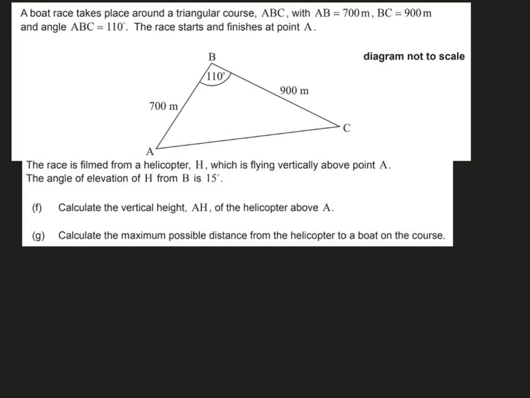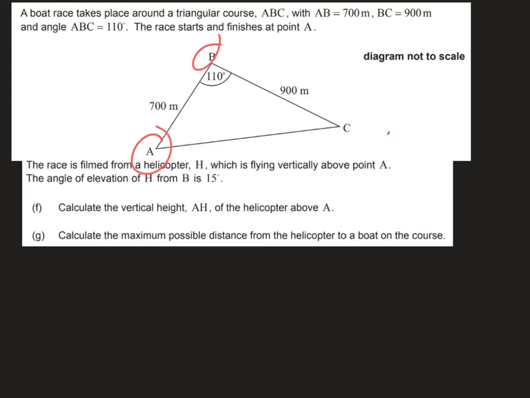This question doesn't seem to keep on going for a very long time, but we are in the final stretch now. And in question F, we are given a question which involves a helicopter. We are told that the race is filmed from a helicopter H, which is flying vertically above point A, and the angle of elevation of the helicopter from point B is 15 degrees.